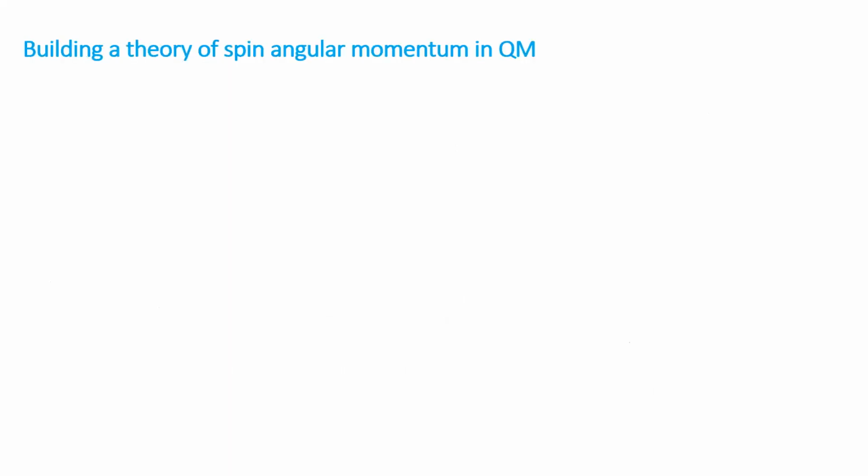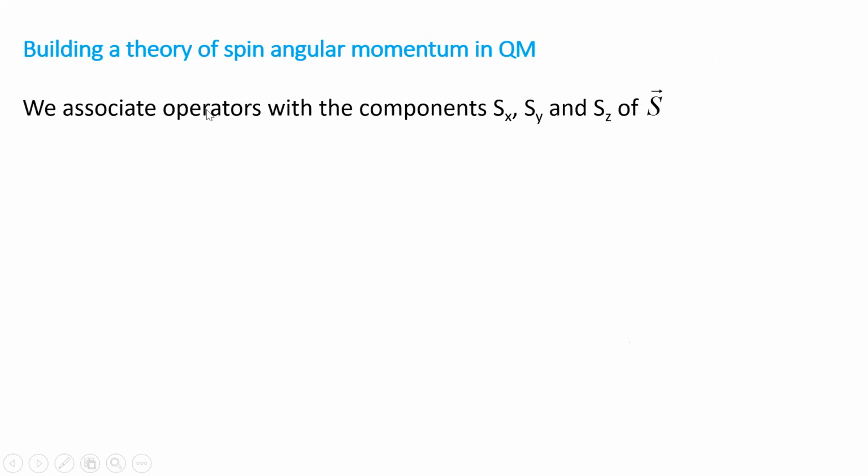Okay, so building a theory of spin angular momentum in quantum mechanics. So how do we do this? Well, just like with orbital angular momentum L, we associate operators with the components Sx, Sy, and Sz of this intrinsic spin angular momentum S, okay?